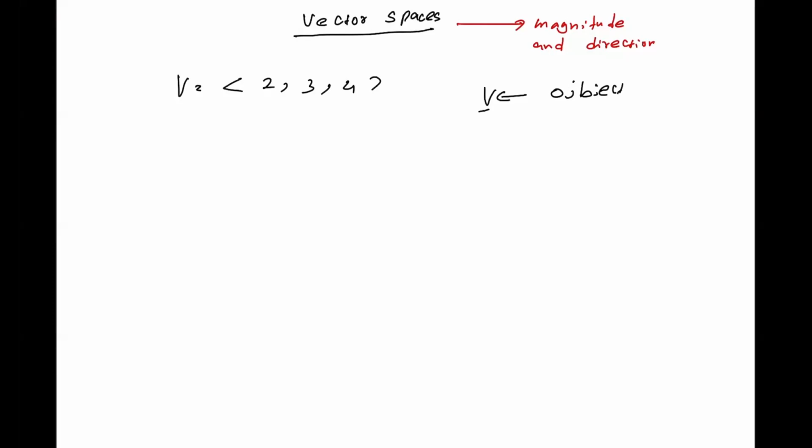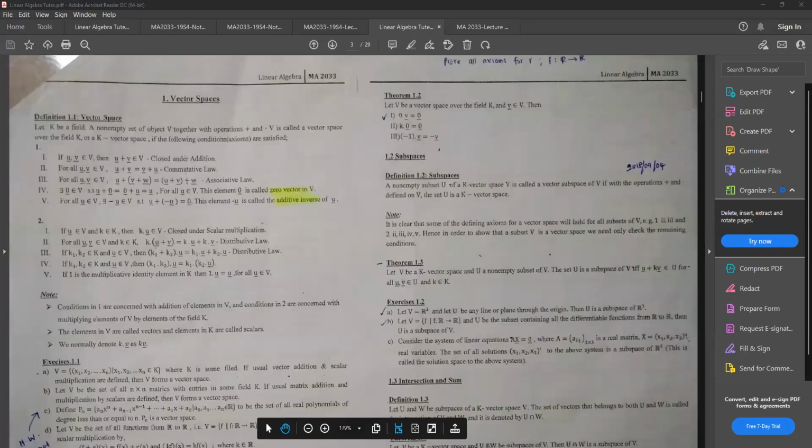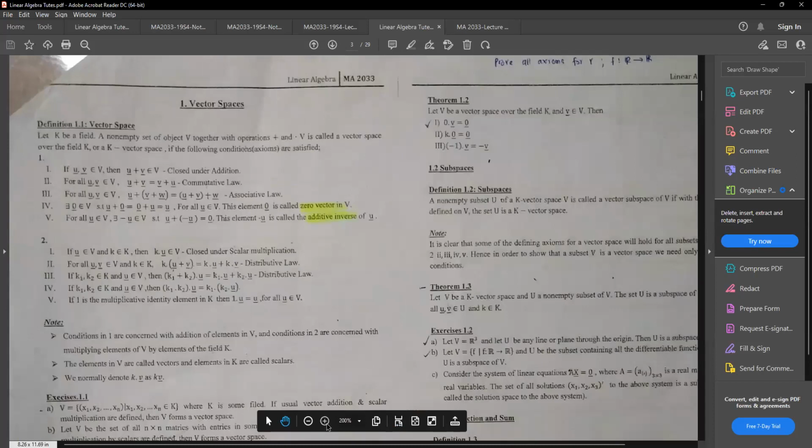Okay, so if you're defining a vector space, there are typical ways. Basically, you have several properties to define a vector space, right? Actually, it is better if I share the note with you. I think it is much clearer than this. This is actually not what we get; it is some old note.